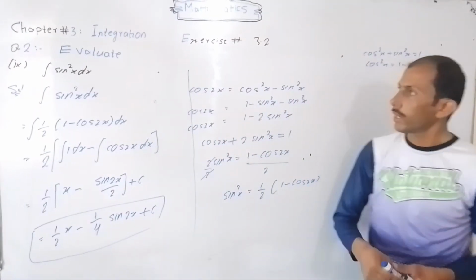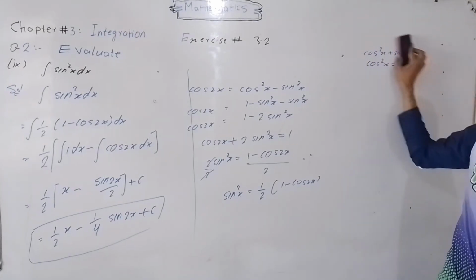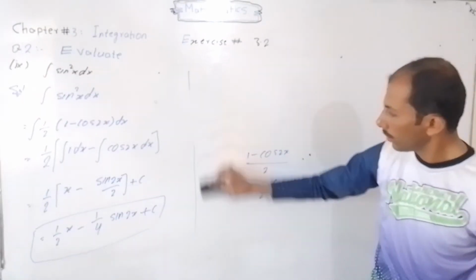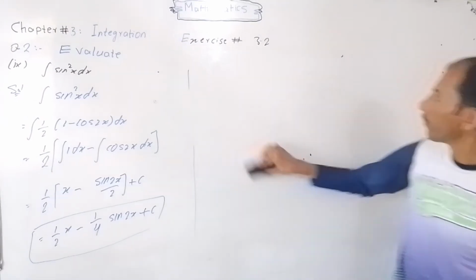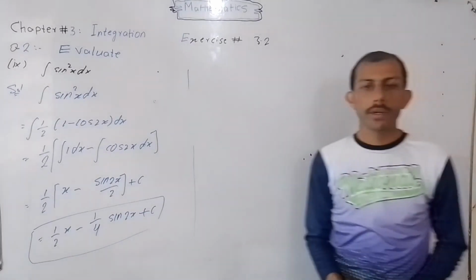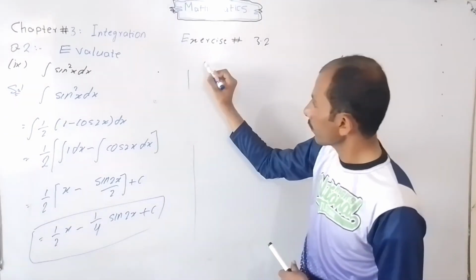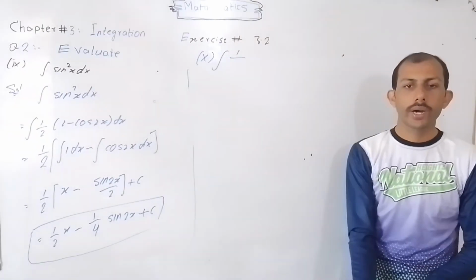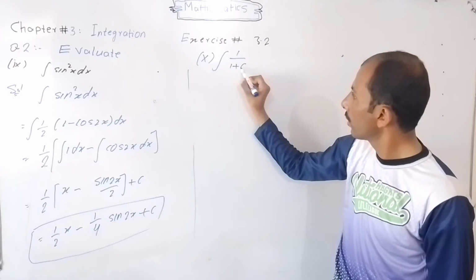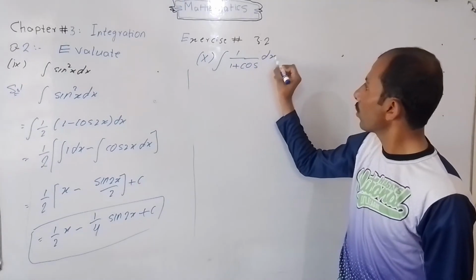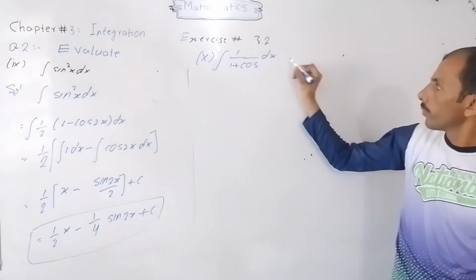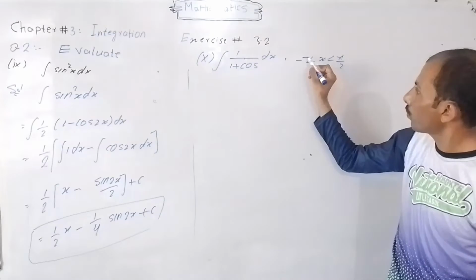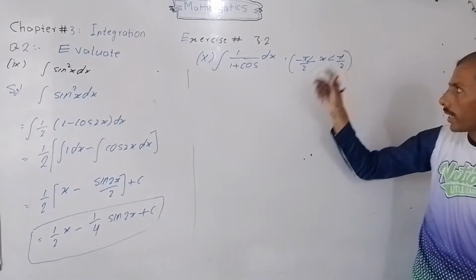Next, part 10. Question 2, part 10, that is integral 1 divided by 1 plus cos x into dx, where x is less than pi over 2 and greater than minus pi over 2. The domain is given.